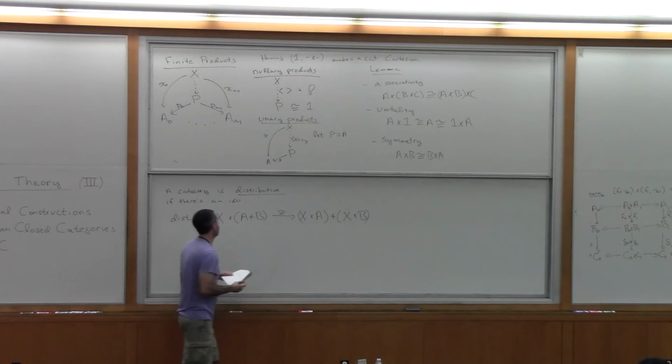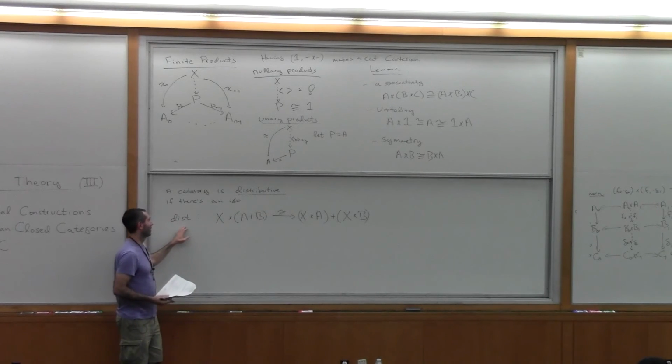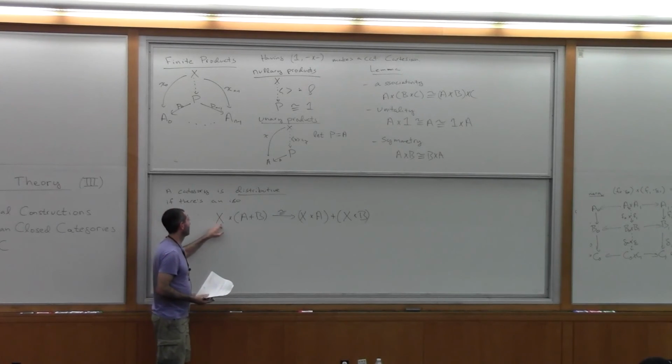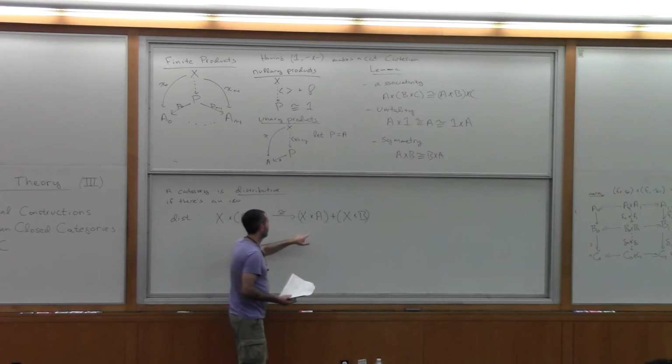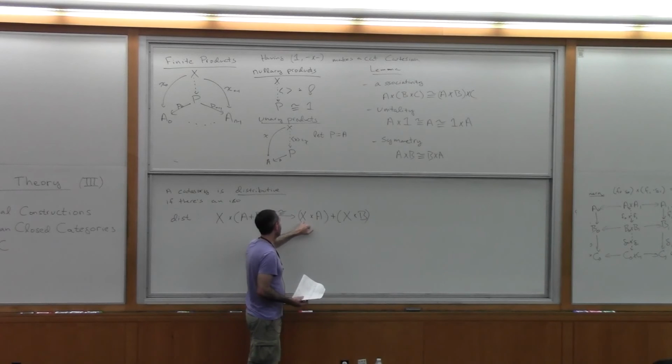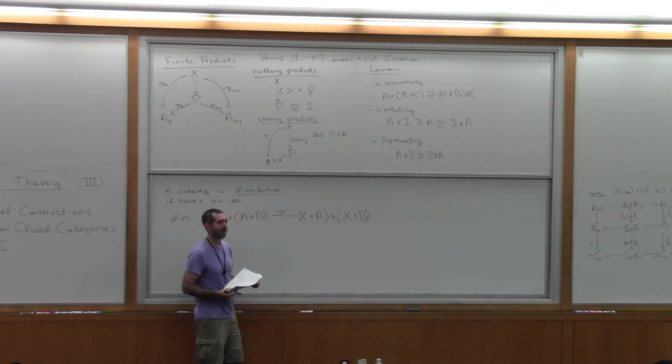Okay, so it says that a category is distributive if there's a map that goes from the product of something with a coproduct to the coproduct of that thing with each of the cases of the coproduct.